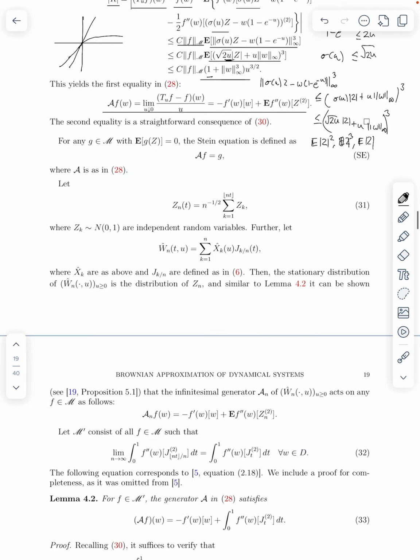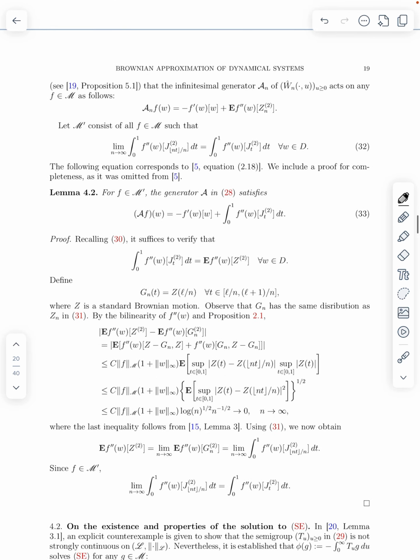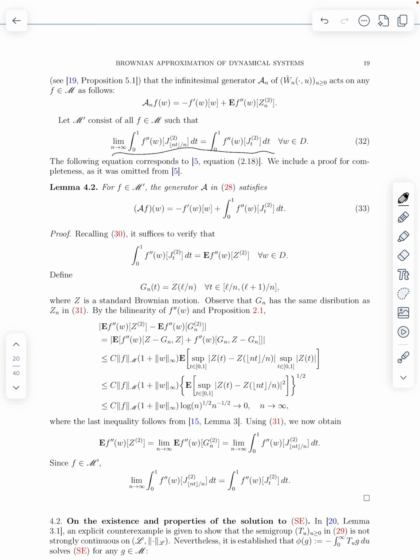And so if we want to extend this to M prime, which was this weaker space, this has this condition, which I want to interpret as something like the ability to say that f of the process is still a controlled rough path of the original process, or really of Brownian motion.